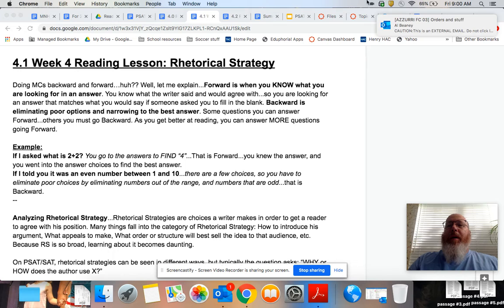The second way is backward or negatively. And when you read backward or negatively, then what you're doing is you have to eliminate choices and you have to say, no, this doesn't fit, that doesn't fit. And then you work to the best answer, but you eliminate down to that choice.